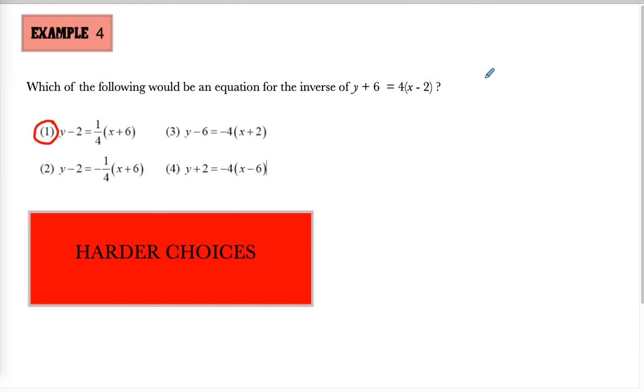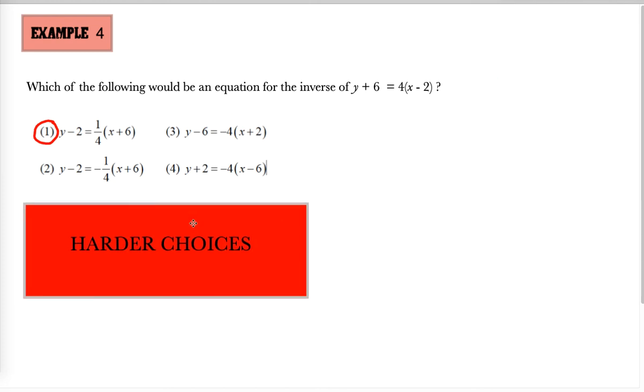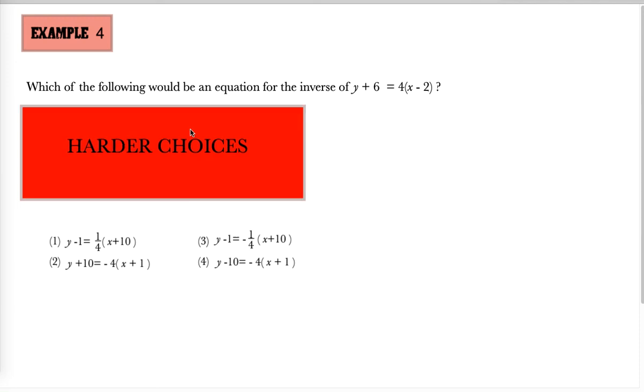The first function went through the point 2, -6, and we can see that all our choices included those same values. Well, what happens if those weren't our choices?